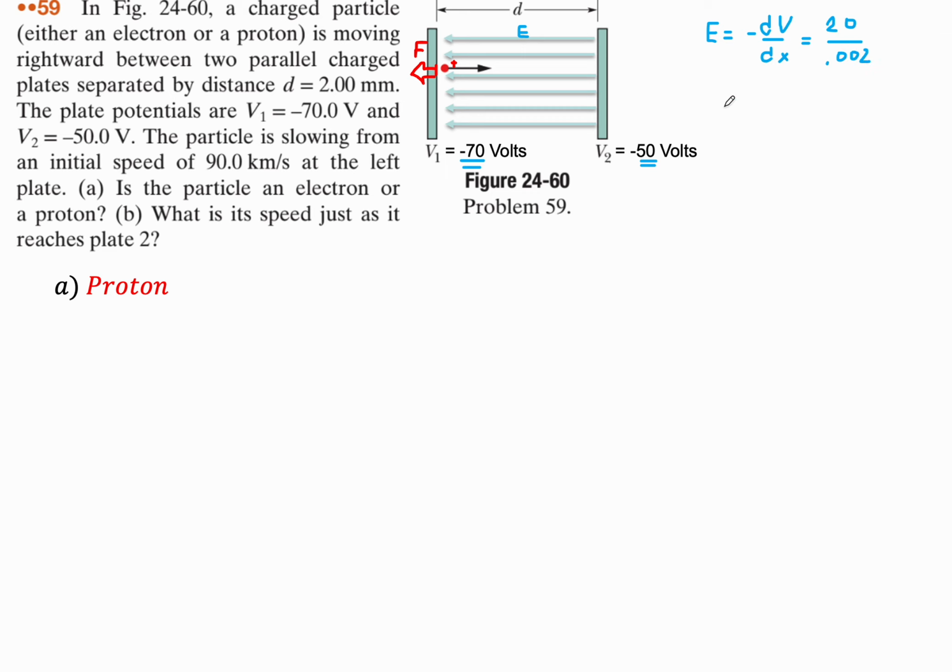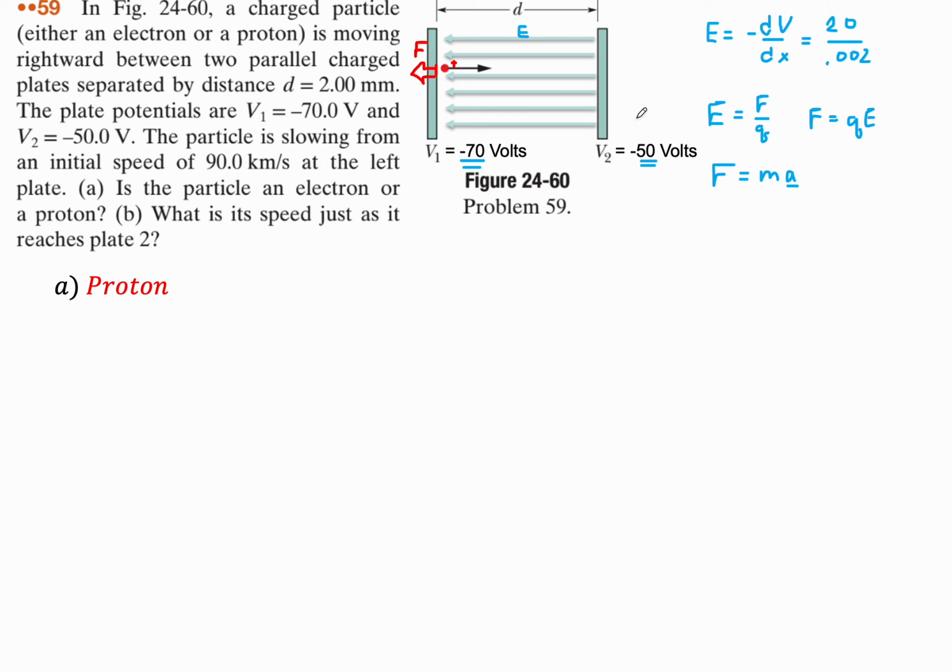Once you have the electric field, remember electric field is defined as the force per charge. From that, you could plug in the charge of a proton and calculate the force on it. It would just be equal to Q times electric field. Now, once you know the force, you could use F equals ma and look up the mass of a proton, and then calculate the acceleration.